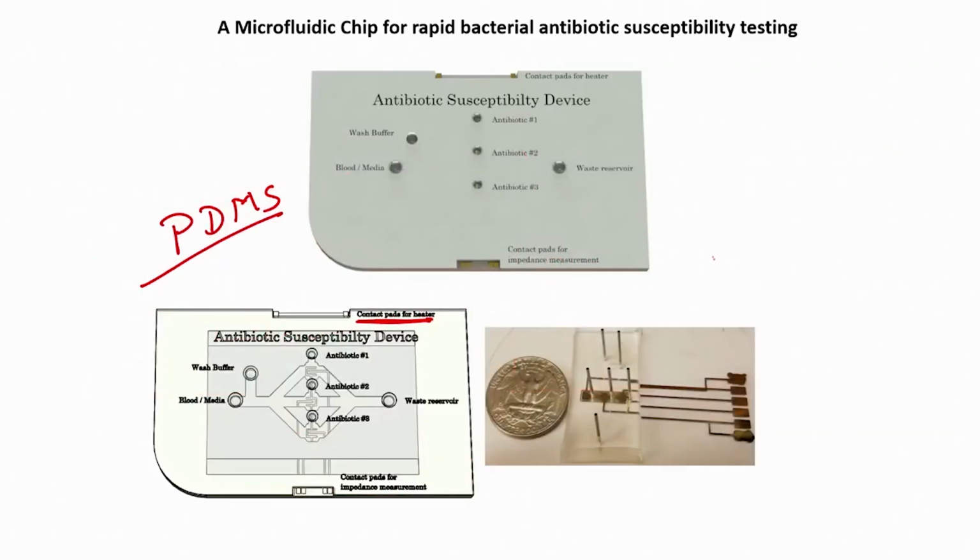So, to have a device which you can see right over here, this is a schematic representing the cartridge in which your device is placed. This cartridge consists of antibiotic 1, 2, 3, a waste reservoir, blood media and wash buffer. There is a contact pad for impedance measurement, and there are contact pads for applying voltage to the heater.